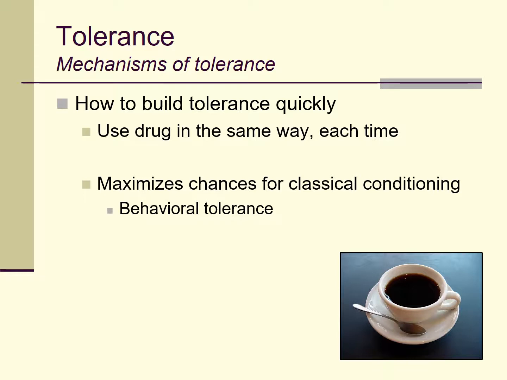Well, one way to do that would be to take the same dose of caffeine, the same size cup of coffee, the same brew at the same time of day in the same place repeatedly over time, so as to really maximize the chance for your mind to learn all the cues associated with that drug and be best able to mount its counteracting or opponent process.